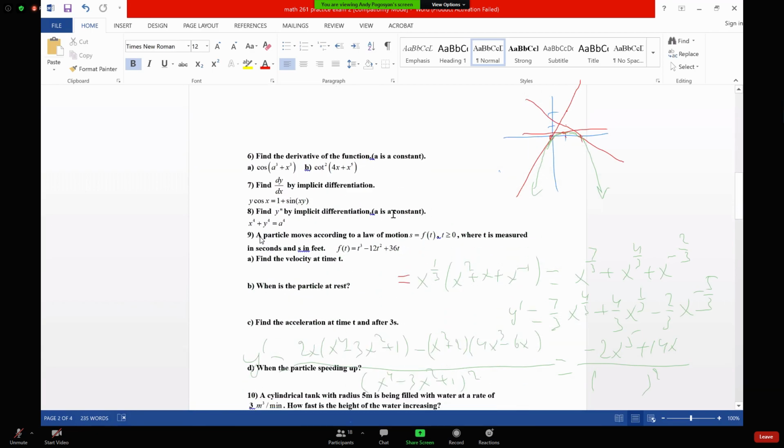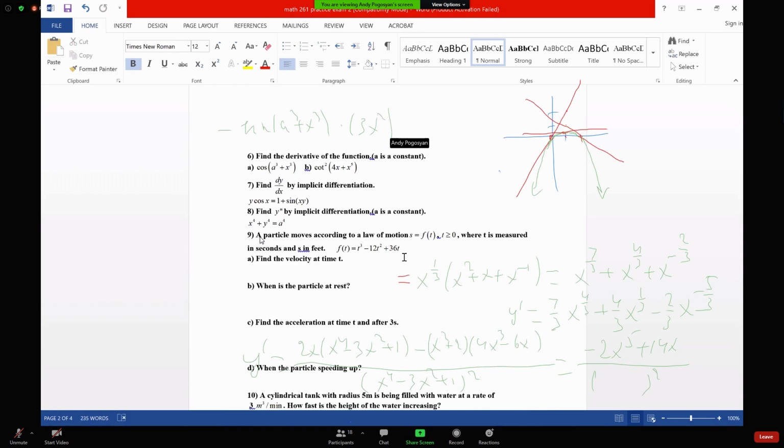Number 6, chain rules. Find the derivative. First one is negative cosine of x cubed. Derivative would be negative sine of x cubed times 3x squared.